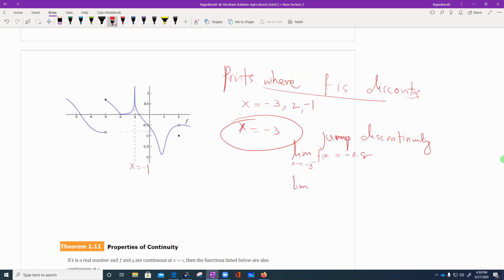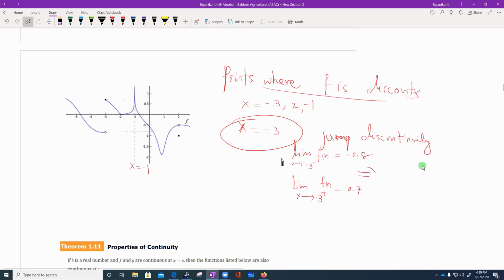But if you look at the right side of -3, which is here, that is around 0.7. You see the sudden increment here. That is why we call this a jump discontinuity.